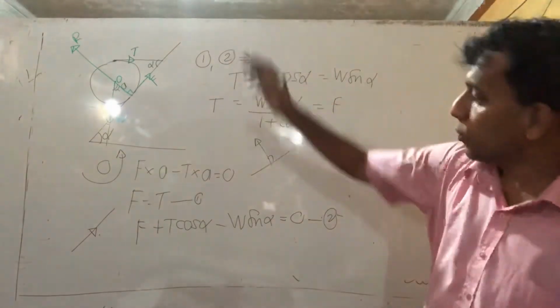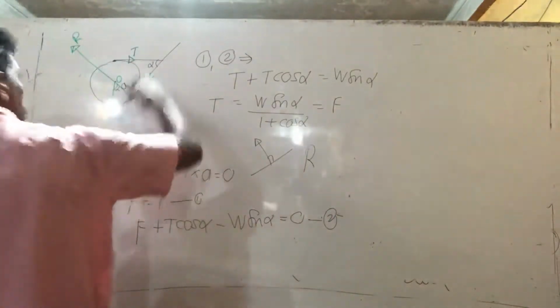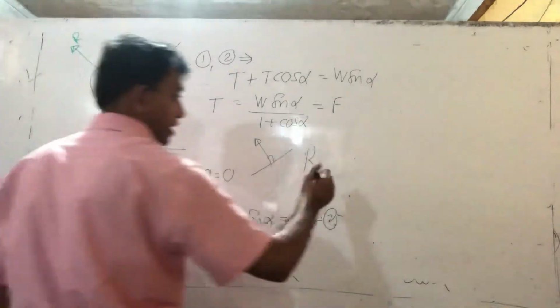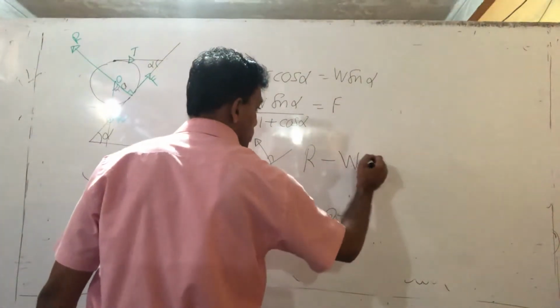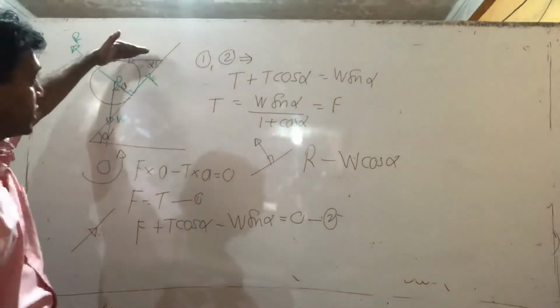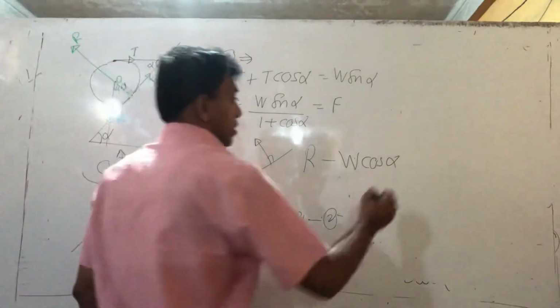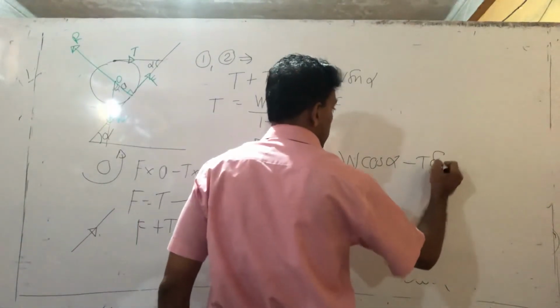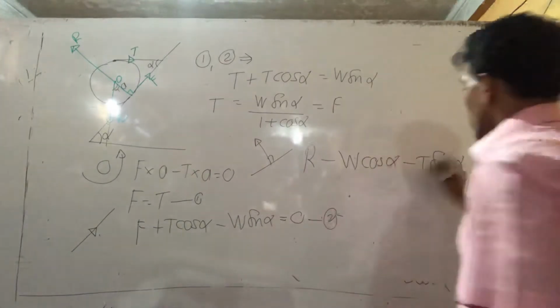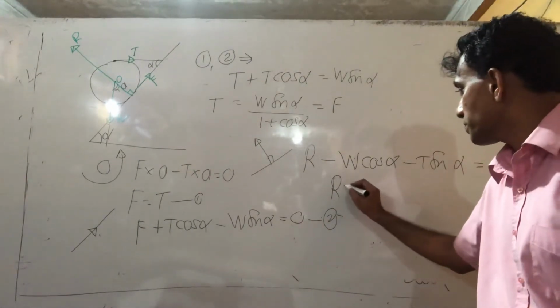So resolve upward: R up, minus W cos alpha. Now the T component: T cos alpha here and T sin alpha down, minus T sin alpha, equal to 0. Therefore find the R answer.